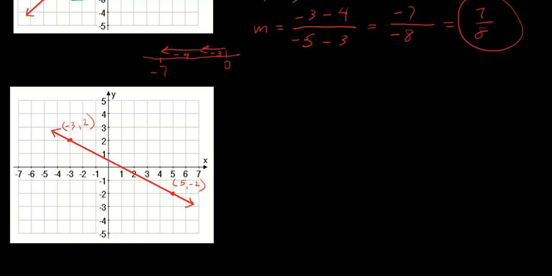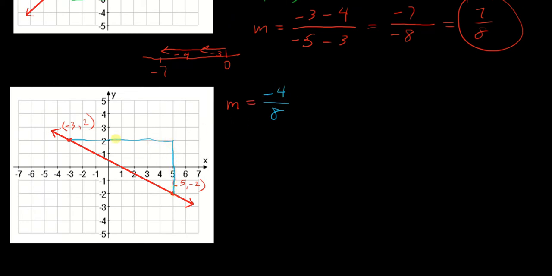Okay, another one here. So let's do it visually. So I'm just going to blow through this kind of quick. Visually, I see that if I'm at this point, so we're going to use these 2 points. If I increase 1, 2, 3, 4, 5, 6, 7, 8 x's, then I'm actually going to lose 4 y's.